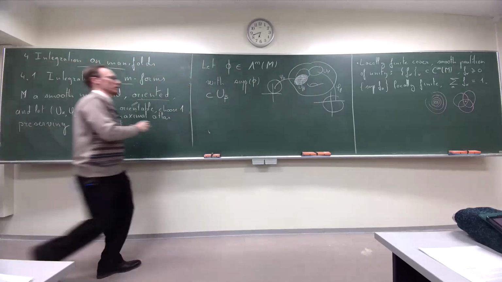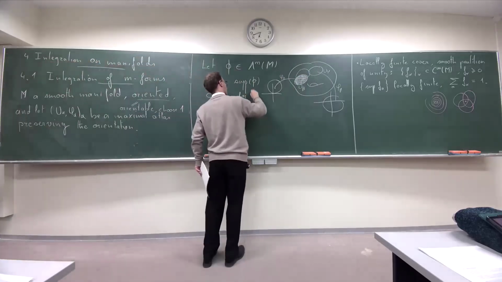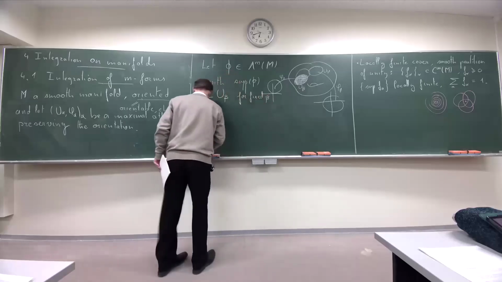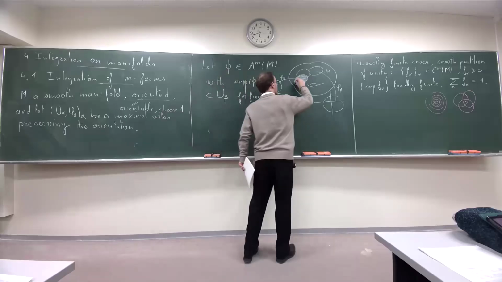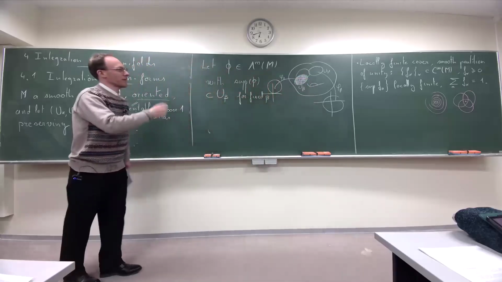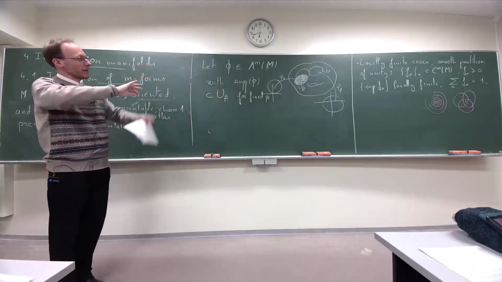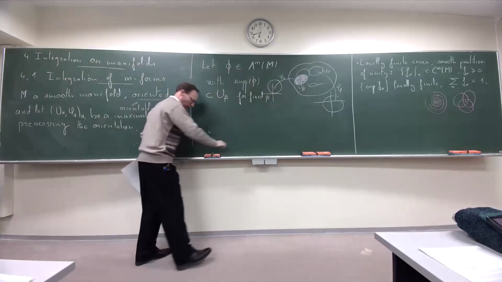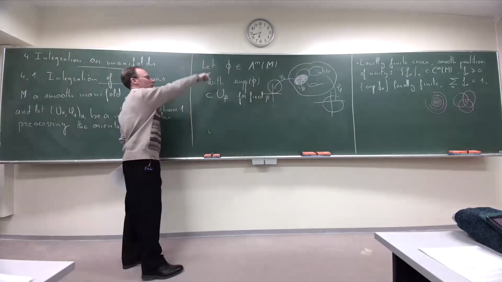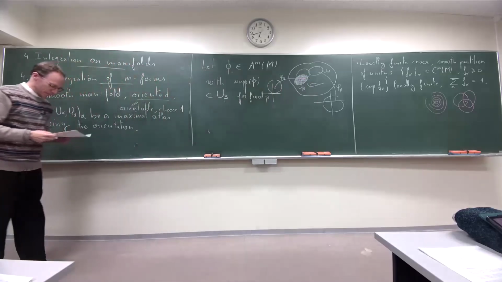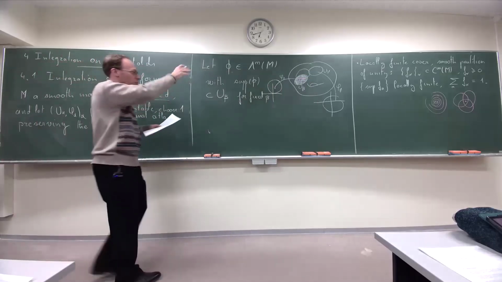Just one, or fixed beta. Of course, I'm cheating because I just represent a function, but I'm supposing that the form does something on U beta and elsewhere it's 0. Of course, it's not such a function because we are dealing with an M tensor. But the support is in U beta.